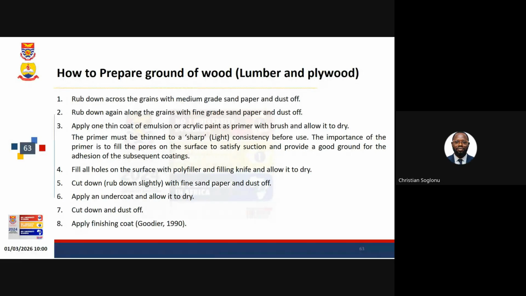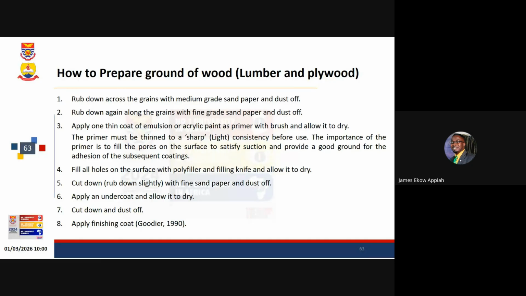Hello. Yes, please, can you hear me? Yes, we can hear you, sir. I want to clarify the grain direction of sandpapering. When you talk of along the grain and across the grain, take a piece of wood and look at the way the grains move.